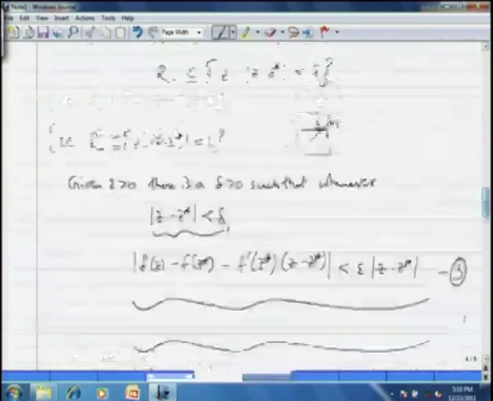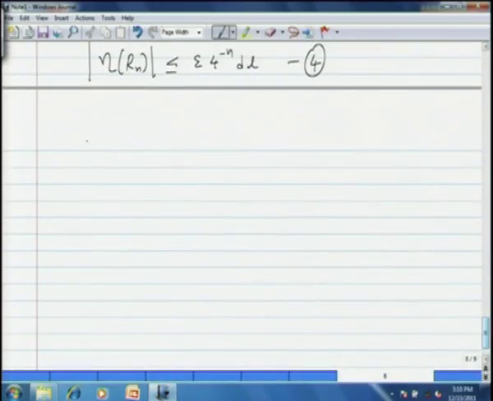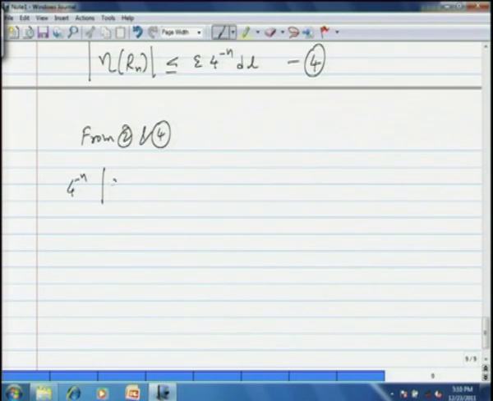So, we can compare these two quantities. From 2 and 4, we conclude that 4 power minus n modulus of eta of R is less than or equal to modulus of eta of R n, and then from 4, this is epsilon times 4 power minus n times d L.